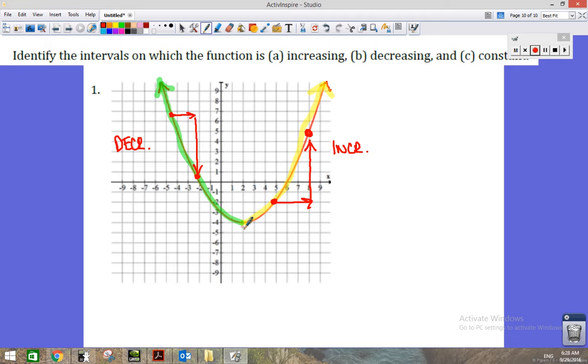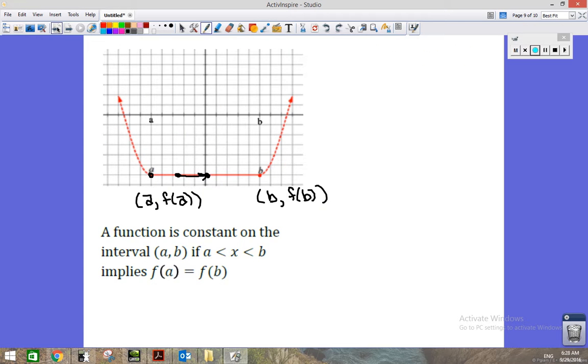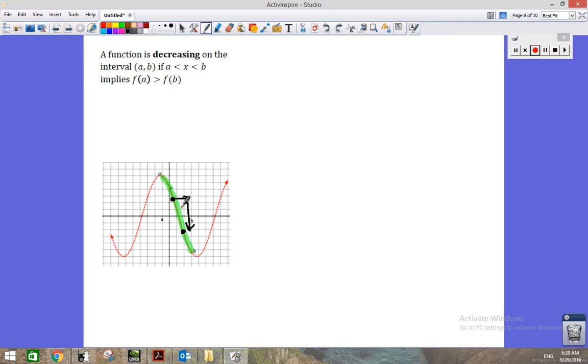Now, to give our final answer, let's come up with it for this part A. We need to describe what we've highlighted here in yellow. The point of interest is this vertex, which has an x-coordinate of 2 and a y-coordinate of -4. When we're writing our intervals, we're not interested in the y-coordinate. We're interested in the x-coordinate. So on the left, when I'm applying my definition of (a, b), I write a comma, that's the smaller number.